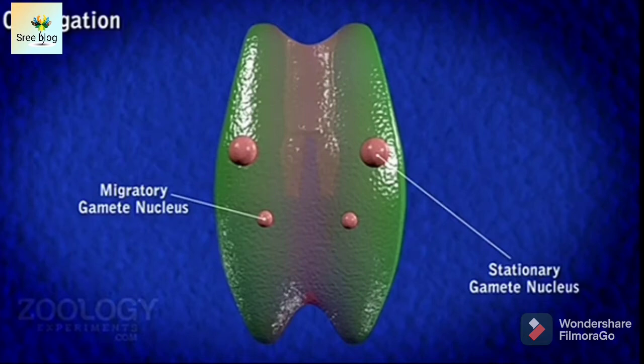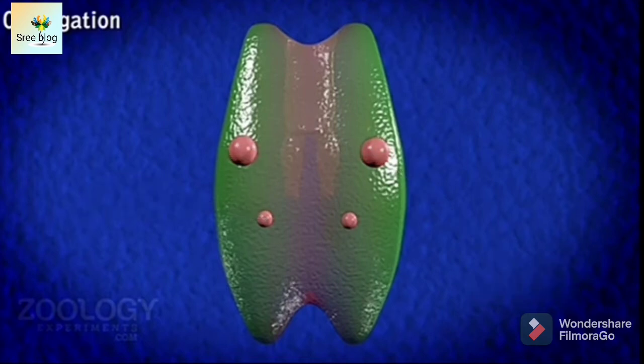These are exchanged between two connected mates. The haploid nucleus from each mate fuses to create new genetic variation. This is the conjugation process in Paramecium.